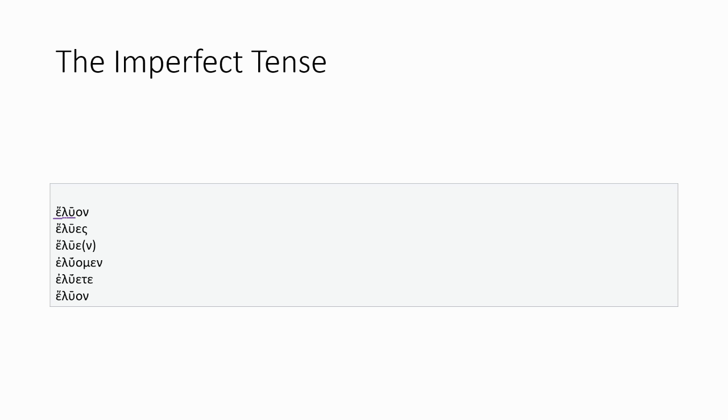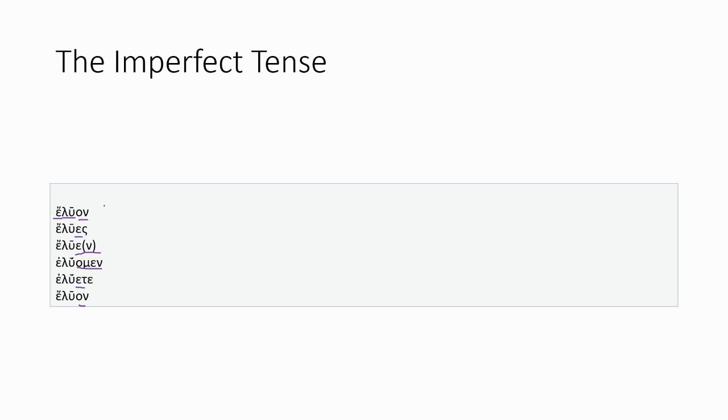So this is I used to loosen, or I was loosening. These endings, you'll see, look very similar. You'll see that the third person plural and the first person singular are the same ending. But you'll just prepend an epsilon before the stem, and if the accent can go back that far, because remember it can only go three syllables back, it will go that far back.